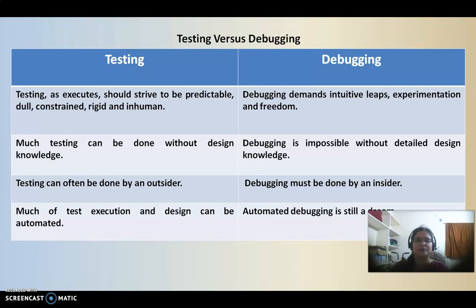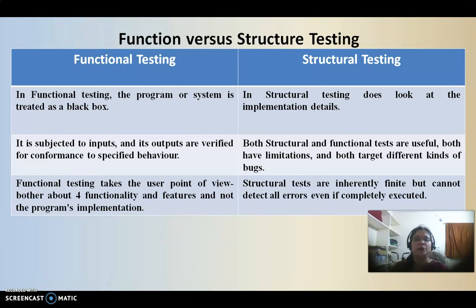The next dichotomy we are going to talk about is functional testing versus structural testing. What are the differences between functional testing and structural testing? All of you know, in software engineering, when we are talking about the linear sequential model, the waterfall model, there we have one phase, that is testing.